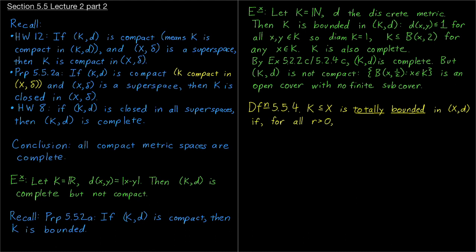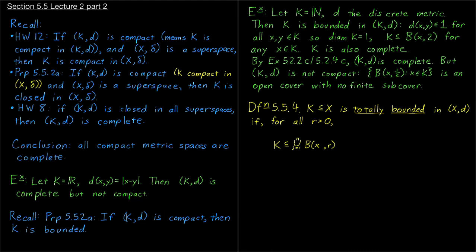So remember, for a bounded set, you can fit it inside one ball of a possibly very large radius. Well, for totally bounded, we want to fit K inside balls of arbitrarily small radius r, but we don't want to put K in one ball of radius r.